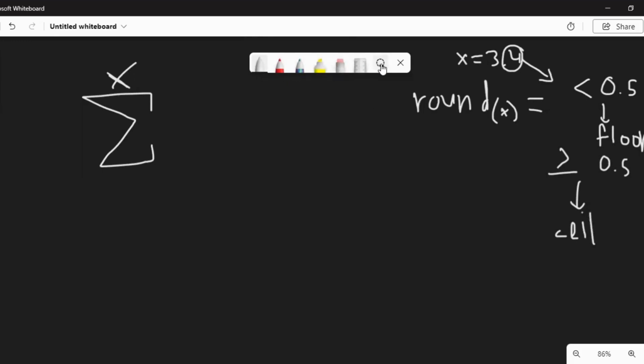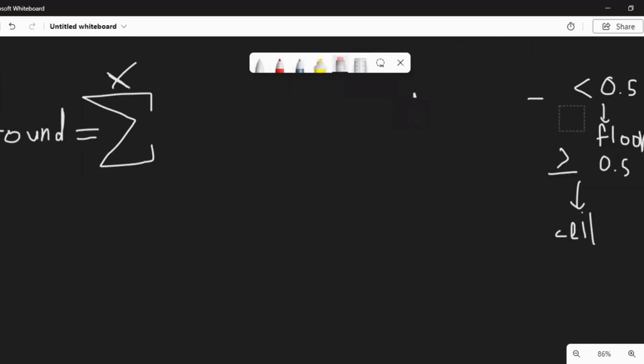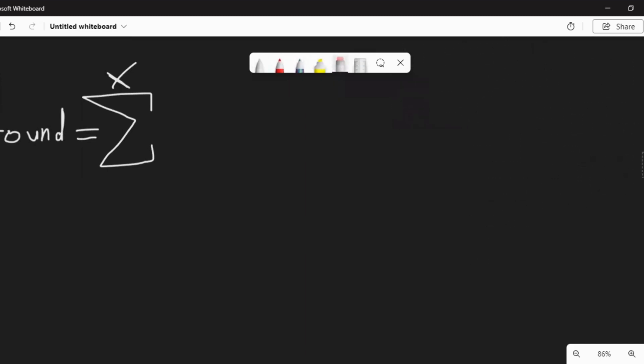So we have this set up. We're going to be defining the round function first, rounding to the nearest integer. I'll be going over rounding to the nearest multiple of whatever integer you like soon enough, just give me a few moments.